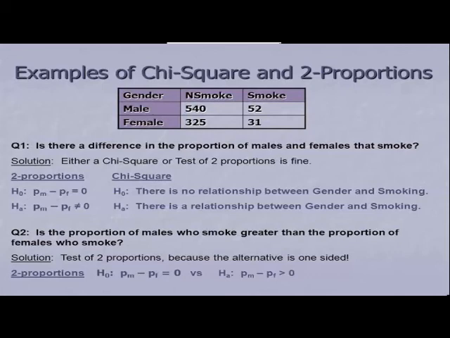The reason we have chosen chi-square here is that gender is not going to influence the risk. They are totally different things. You don't feel that gender is influencing a smoking pattern.